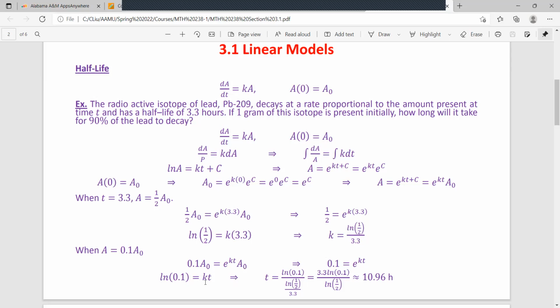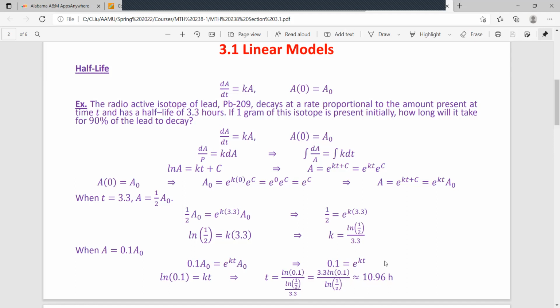If you plug that in and divide by K on both sides, we get T equals natural log of 0.1 over K. You can flip it in the denominator, so you get 3.3 times natural log of 0.1 over natural log of 1/2. If you use a calculator, you get the answer 10.96 hours, so about 11 hours. That's how long it takes to decay 90% of the lead.